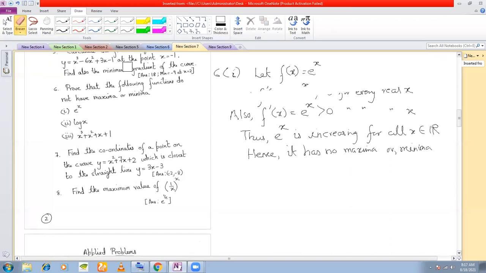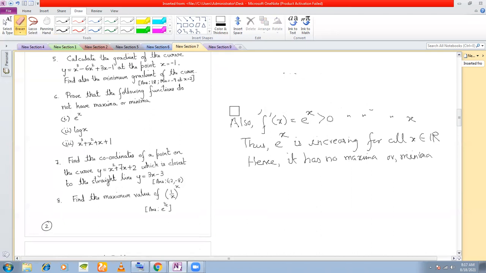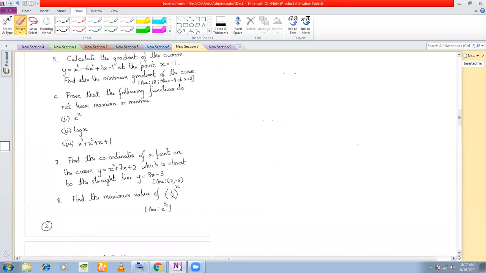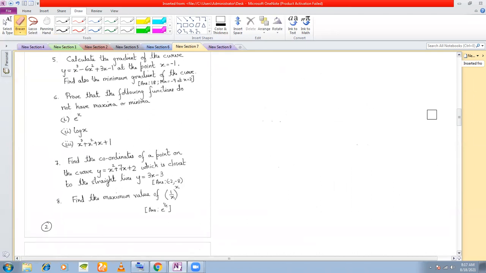Next is log x. Find out the first derivative. First derivative is 1 by x, right?